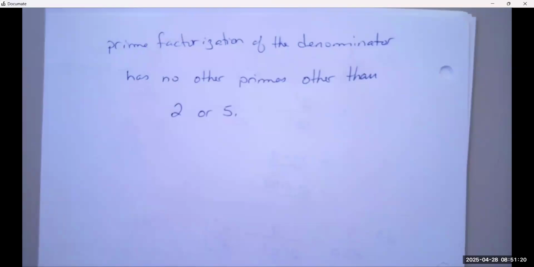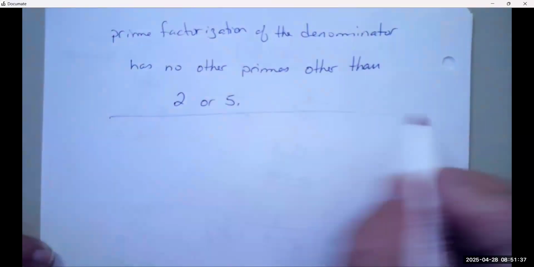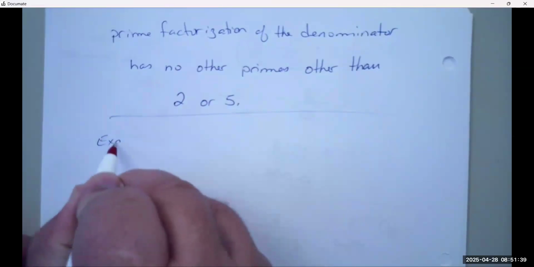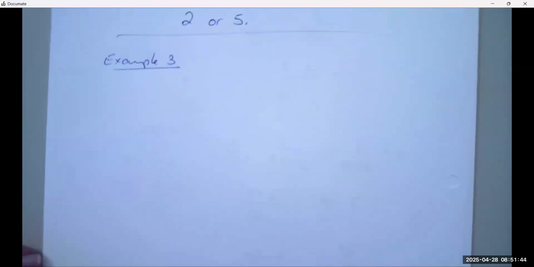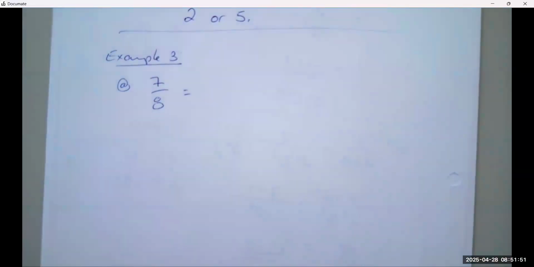If you factor out the denominator and it has other numbers other than 2 and 5, then you cannot be sure it's going to be terminating. It's not going to be terminating. It could repeat itself forever, or it could be multiple different numbers. So is that going to be a terminating decimal?